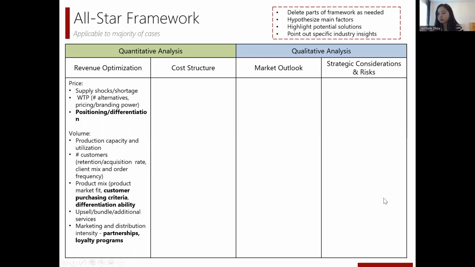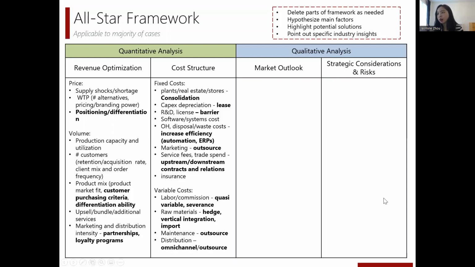And then for your cost bucket or your cost structure bucket, it's totally fine to just do fixed costs and variable costs. You don't have to be too creative in your sub buckets, as long as your main buckets and then also the content within your buckets are creative. You can just do fixed costs and variable costs.